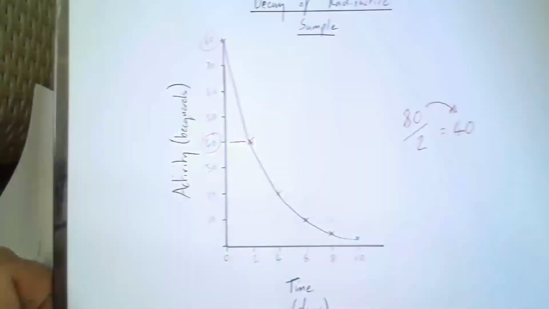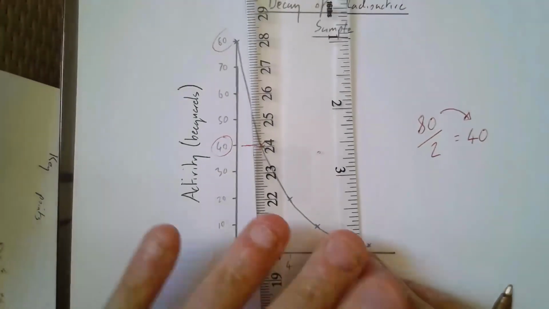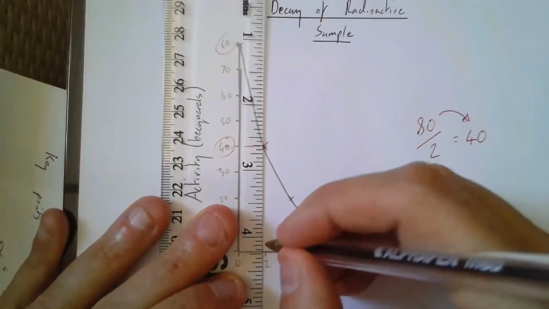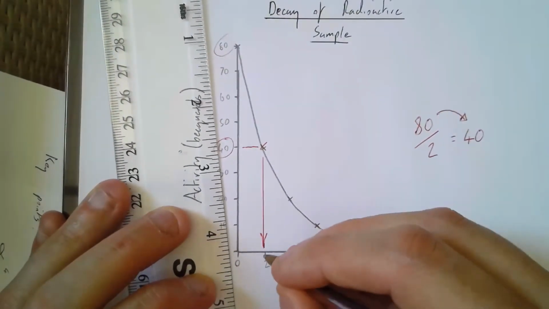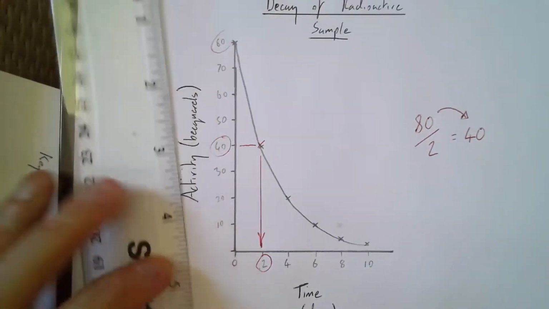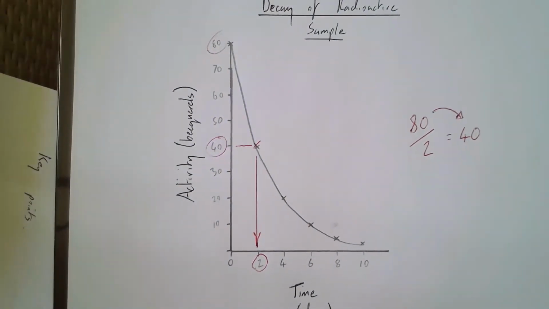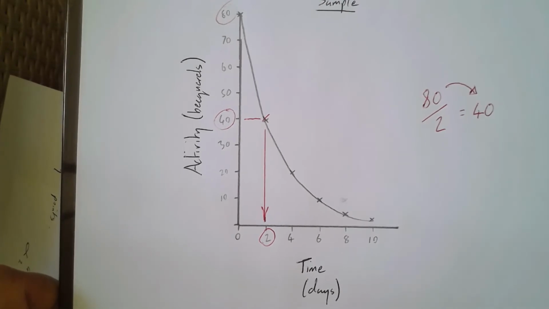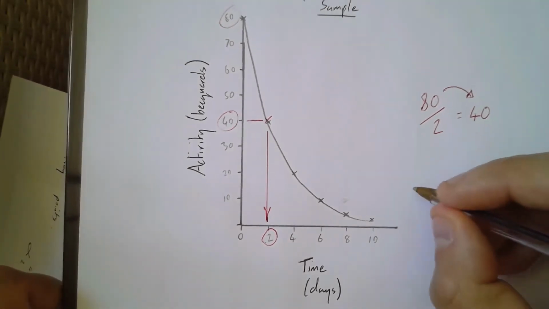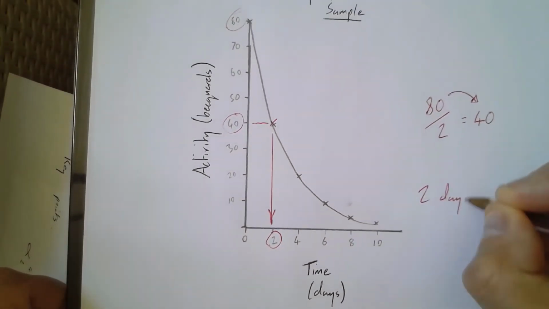We read down, and I'll use a ruler for this just to be neat. We read down and we can see that it took 2 days for the activity rate to halve. So the half-life of this sample is 2 days.